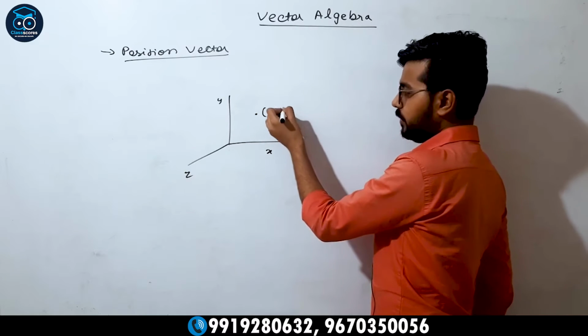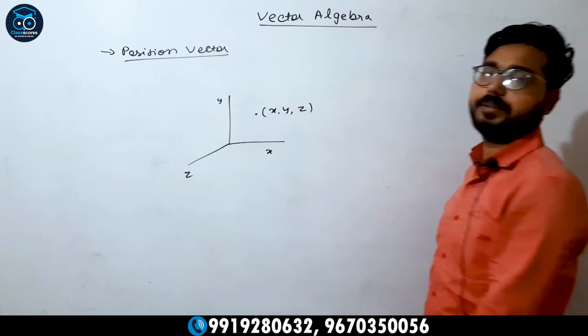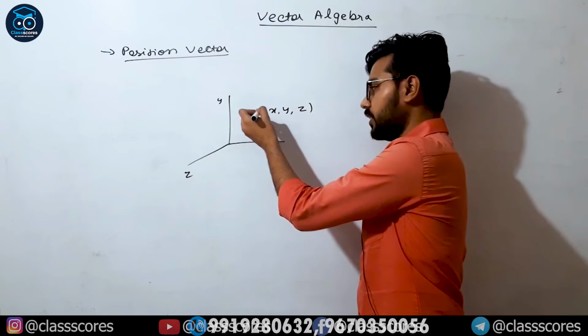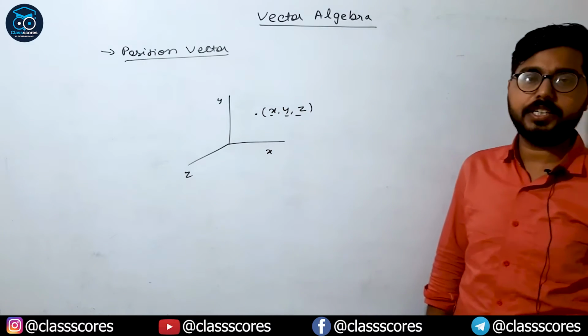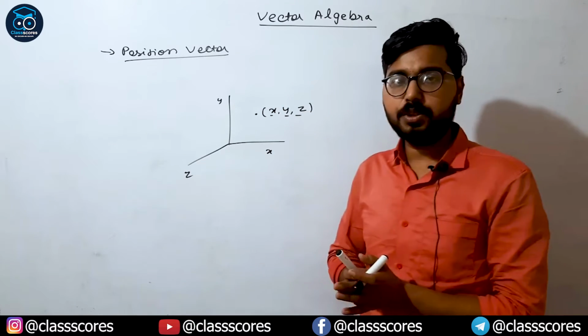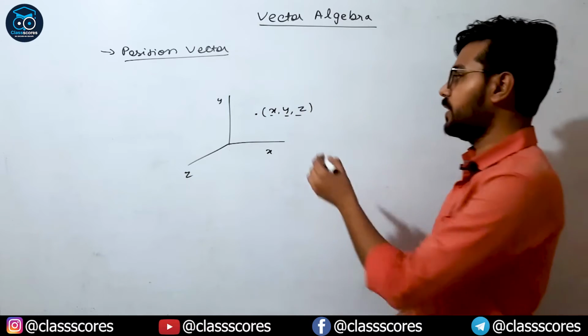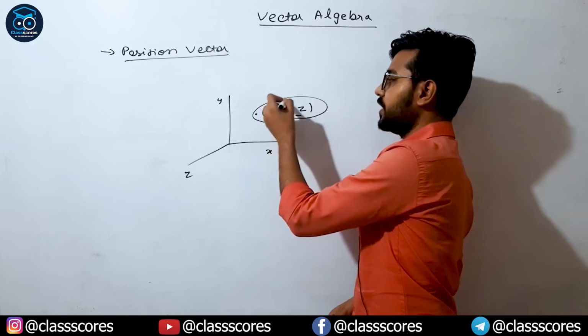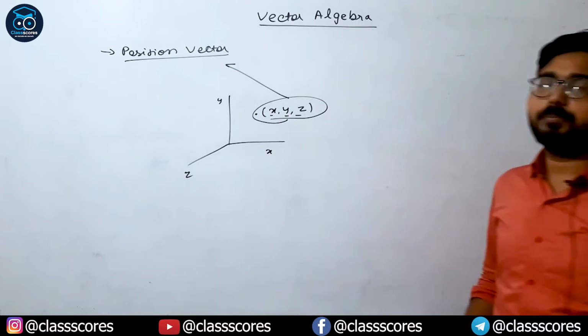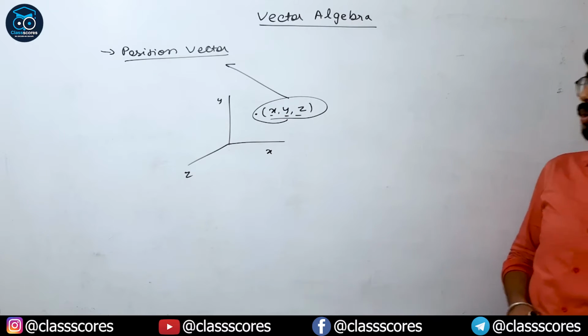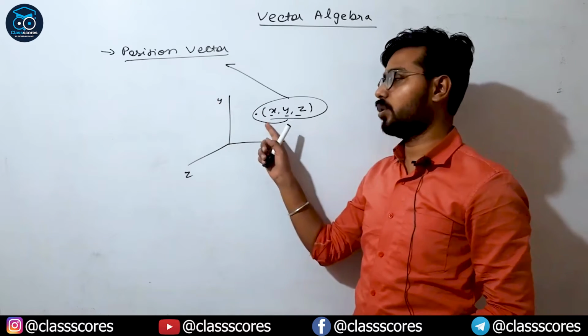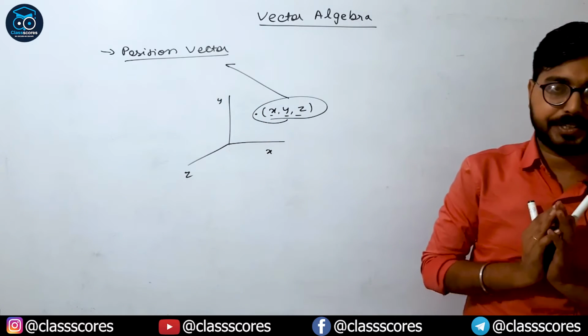So its coordinates will be x, y and z. This x, y, z is a coordinate in Cartesian geometry. Now if we are talking about the vector, it will be known as position vector, meaning the vector which defines the position of any point.